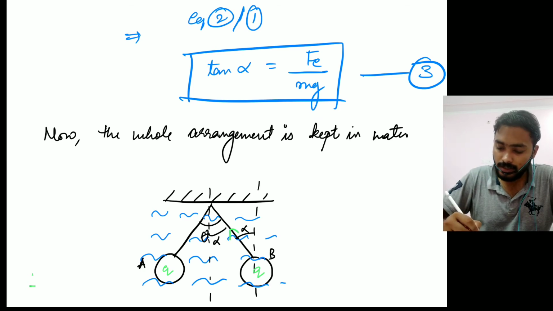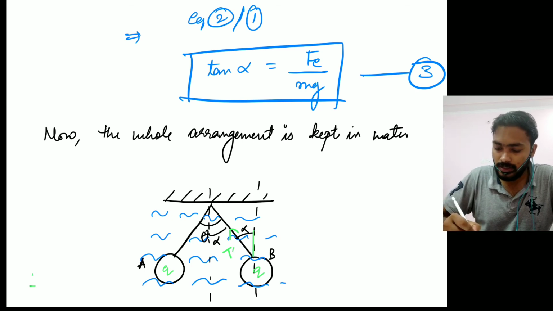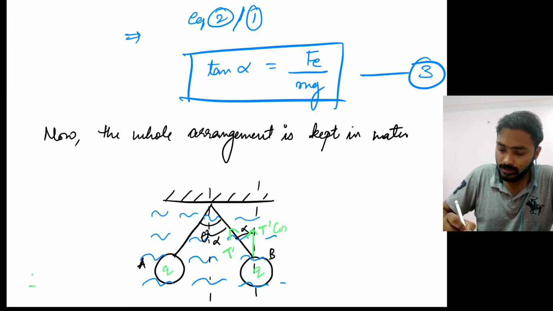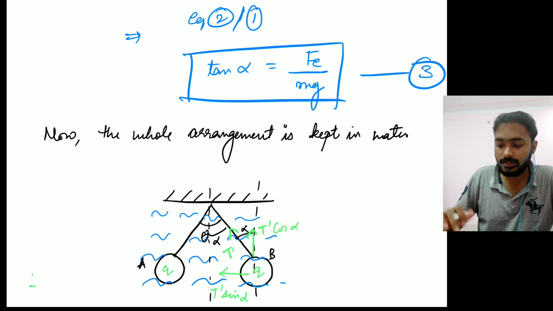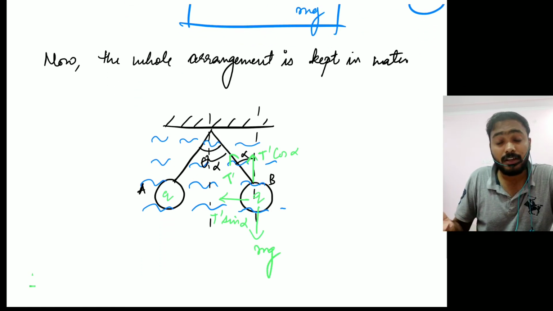This time the tension will be different because it is in water, not in vacuum anymore, so let me call it T dash. T dash will have an upward component, T dash cos alpha, and a horizontal component, T dash sin alpha. I hope that's understandable. Obviously there will be mg because of the weight.